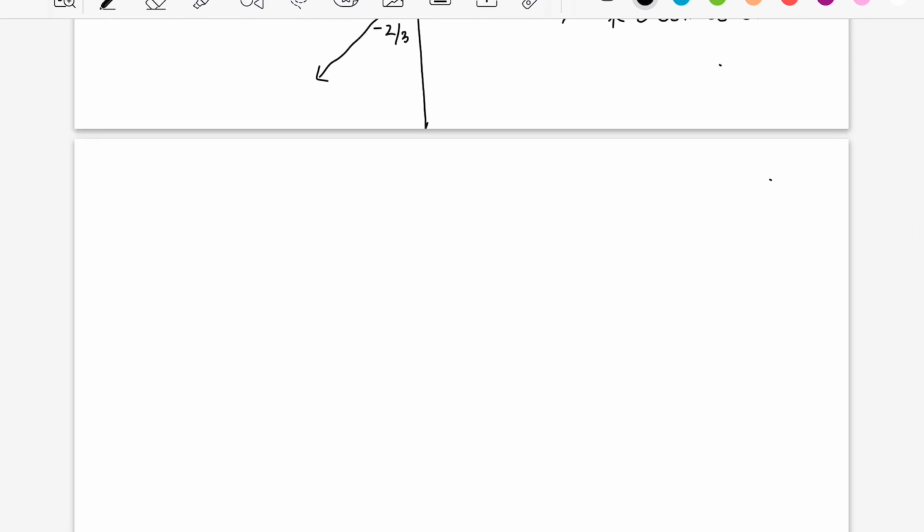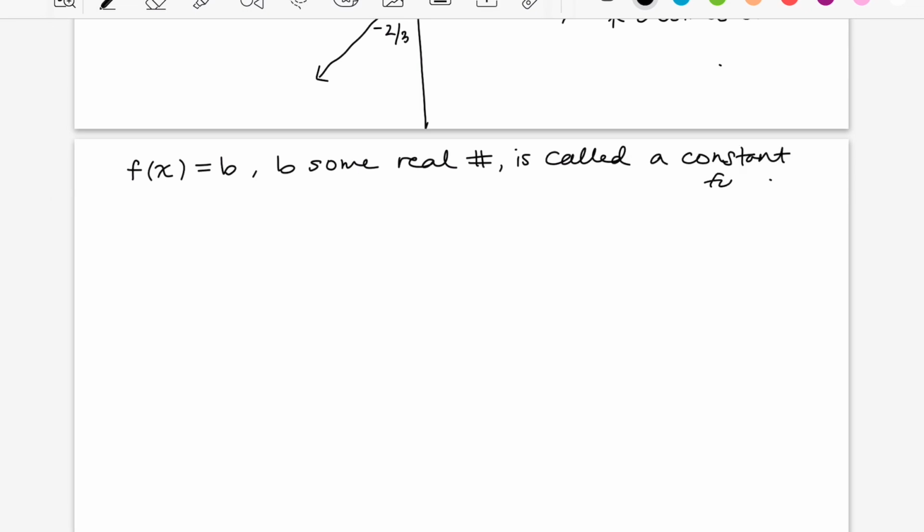So this particular function here, f of x is equal to b, where b is some real number, is called a constant function. So an example of this would be f of x is equal to 3.